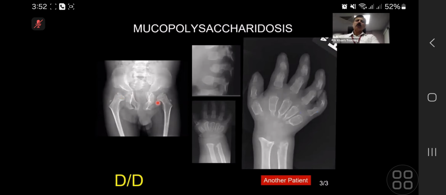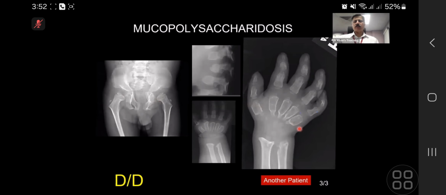So please remember, it will also come in the differential diagnosis of stippled epiphysis. You remember we did a case in which both femora had stippled epiphysis. So it will come in that list also. Another finding, this is another patient.